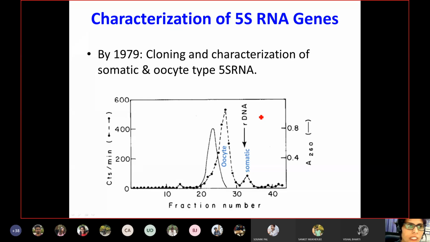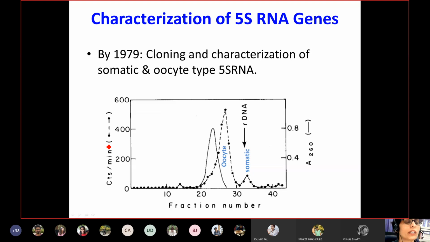What you see here are the figures with oocyte type RNA and somatic cell RNA. This is a hybridization kind of assay where you first isolate total genomic DNA from Xenopus laevis, and then the genome was hybridized with a 5S RNA transcript, which is labeled with a tritium isotope.